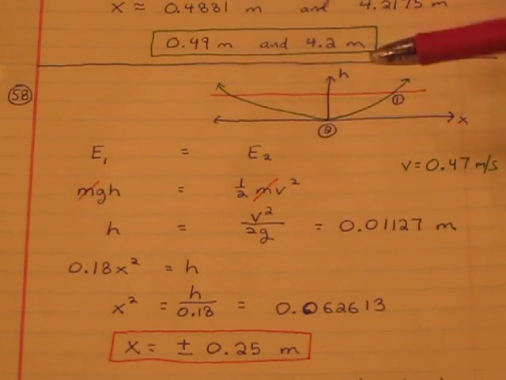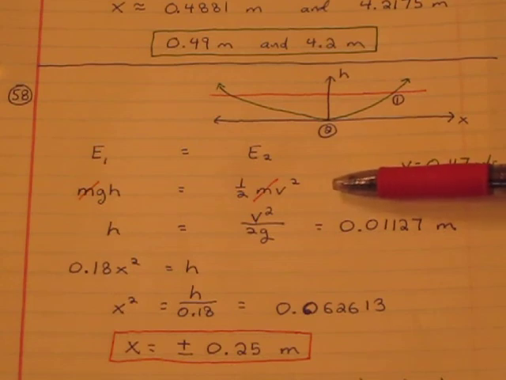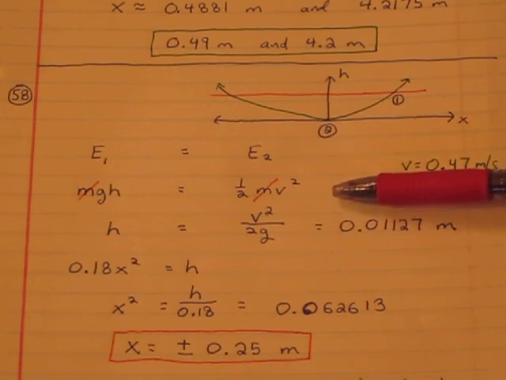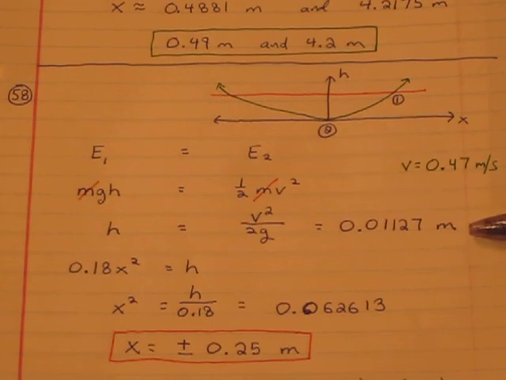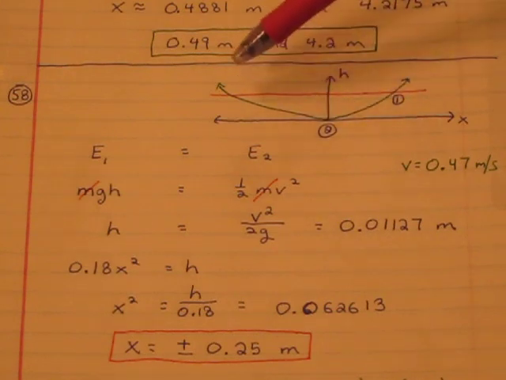So E1 equals E2, all right? The energy at 1 is mg height, equals the energy at 2, which is 1/2 mv squared. When we solve for height, we get v squared over 2g. So that's the height right there, 0.01127. That is as high as it goes on either side.